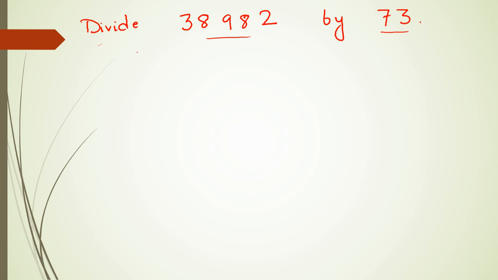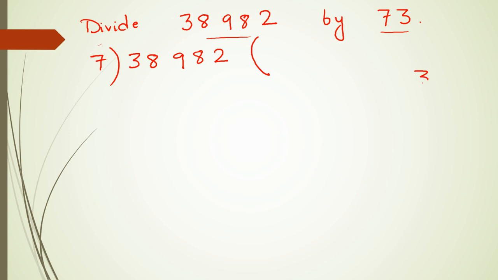So let's take another example and let's see. We need to divide 38982 by 73. Let's divide this number by 73 using Vedic mathematics. Similarly, we will divide it by 7, only one digit. 38982 is the dividend.